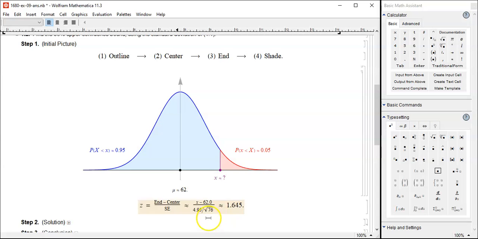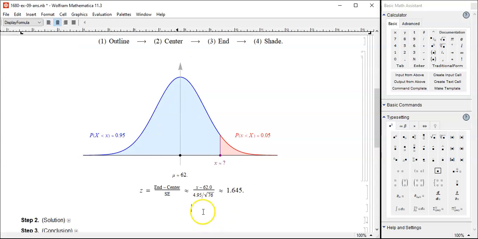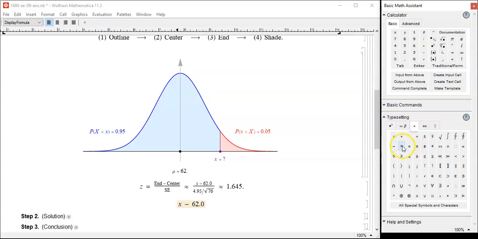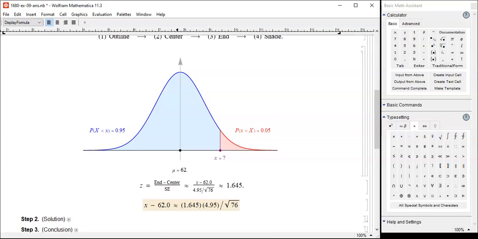Okay, and then let's solve it. Flip this denominator to the other side. x minus 62.0 is approximately equal to 1.645 times 4.95 over square root of 76.